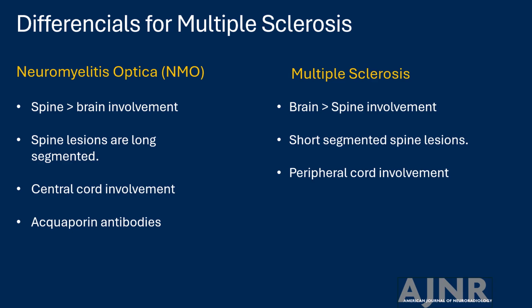Also, spine lesions in NMO are long segmented, whereas in multiple sclerosis, they are pretty short segmented. NMO also involves more of the central cord, as compared to multiple sclerosis, which is more peripheral. And aquaporin antibodies are the key takeaway for differentiating multiple sclerosis and neuromyelitis optica.